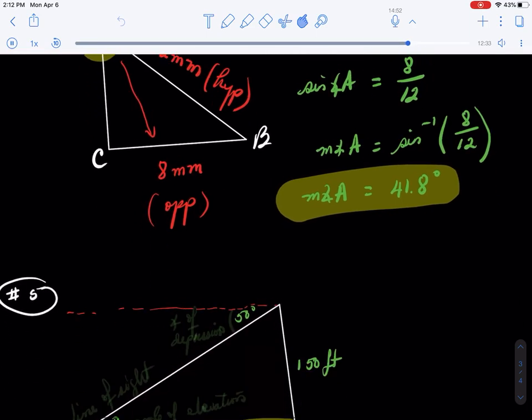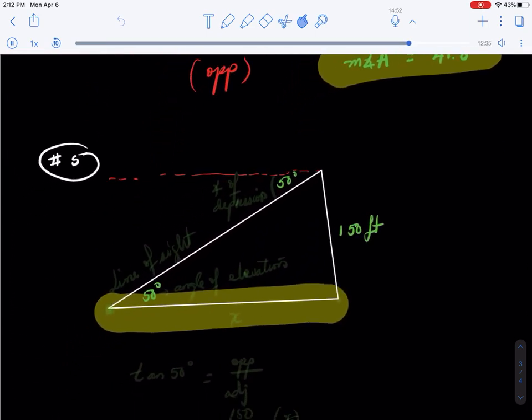For this question, they ask, suppose you are waiting in line for a ride. You see your friend at the top of the ride, at an angle of 50 degrees. There are three things you need to find out. This is what we call the angle of elevation. Elevation is when you look up.